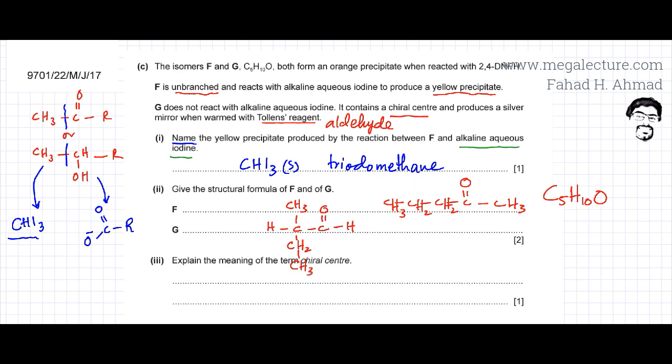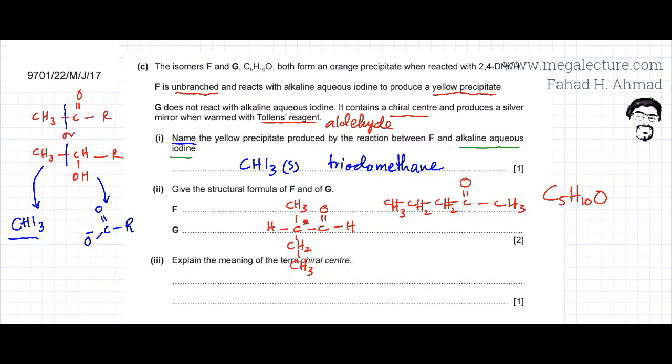So all four groups are going to be different around this carbon atom, which makes it chiral. The star that I've drawn is the chiral carbon atom. So it's an aldehyde, giving a successful test with Tollens reagent, and the other carbon atom is chiral. Hydrogen on one side, CH3 on another side, a 2-carbon chain on the third side, and on the fourth side there's an aldehyde group. All 4 groups are different, so this carbon atom is chiral.